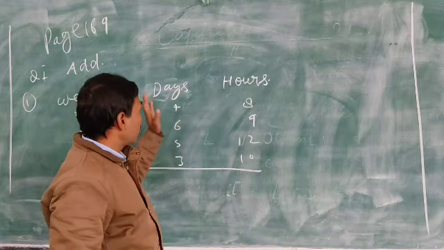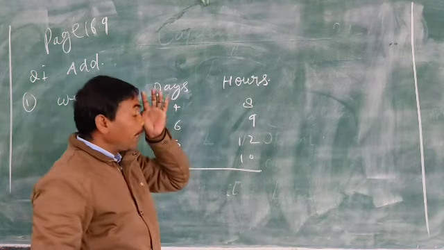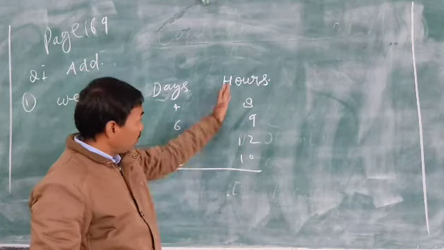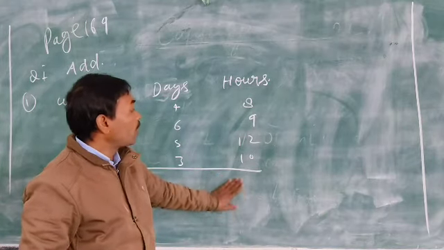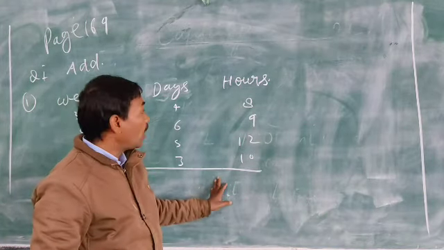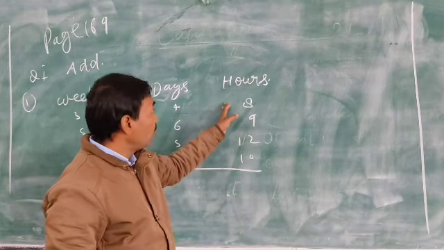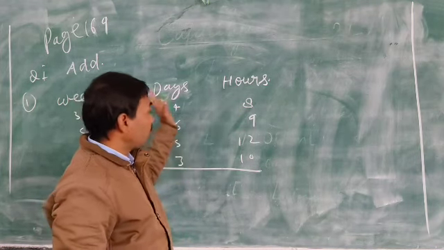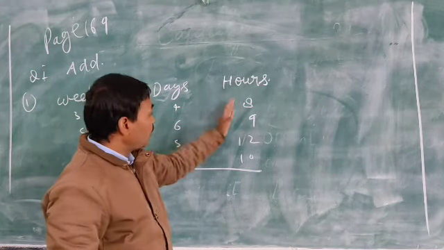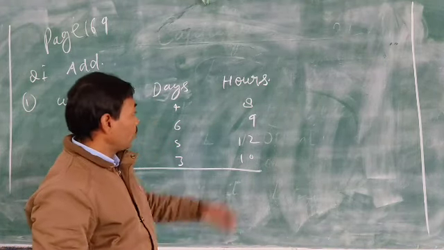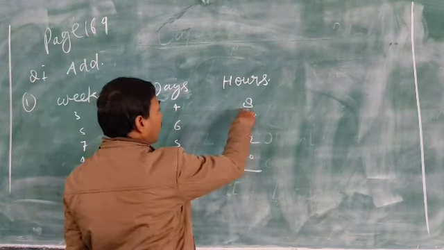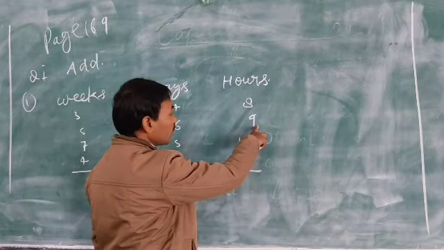You know how to convert hours into days? By dividing by 24. If the number of hours is more than 24 or 24 hours, then it will convert into days and the remainder will be added here.